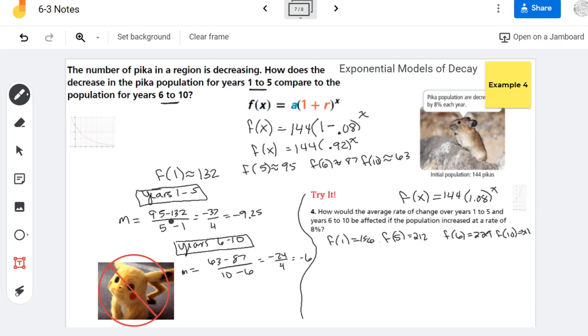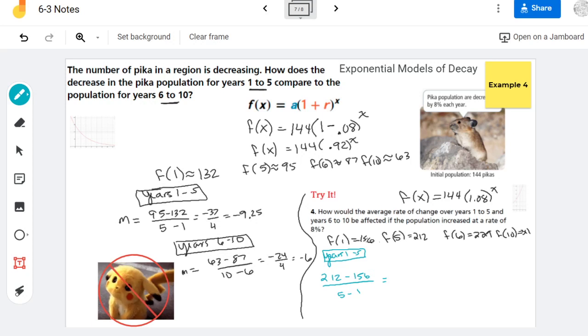Okay, and now I'm doing these other calculations. I'm going to change colors to make it easier to see. So years 1 through 5. I take my change in my y value, so I'm going to do 212 minus 156 and divide it by my change in my x values.